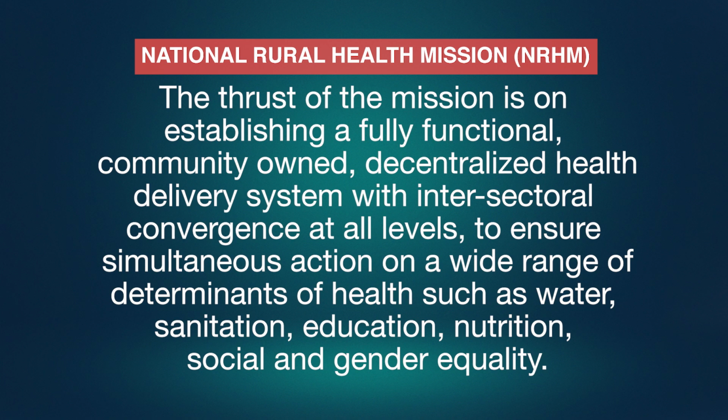This means that National Rural Health Mission seeks to give responsibility to the local communities in providing effective healthcare services. Another important aspect of National Rural Health Mission is strengthening the local governing bodies and giving them enhanced responsibility in providing rural healthcare services.